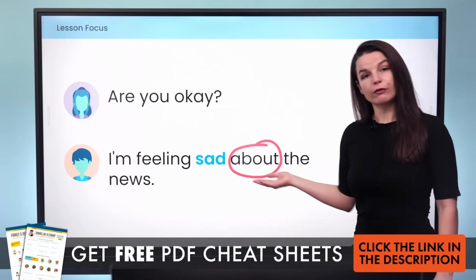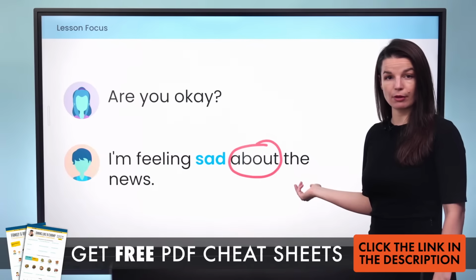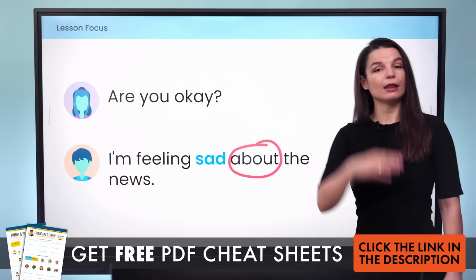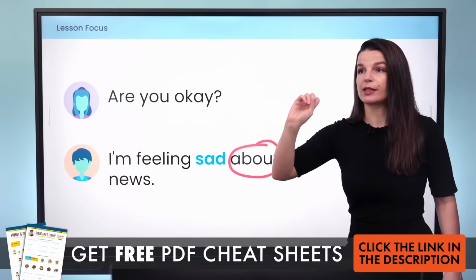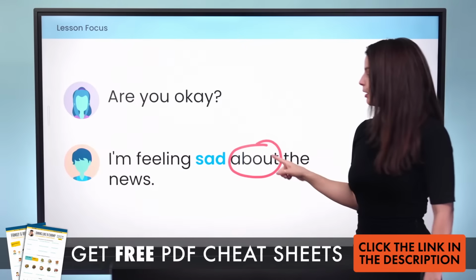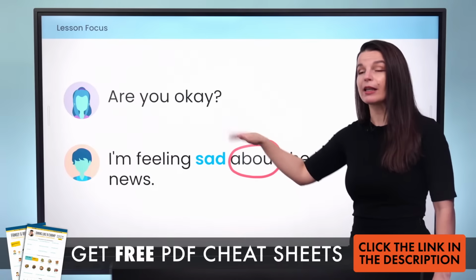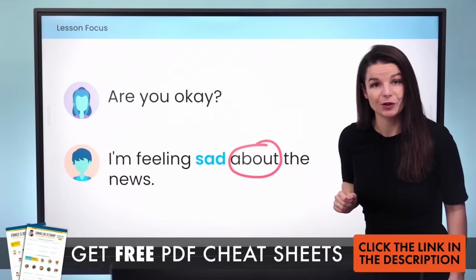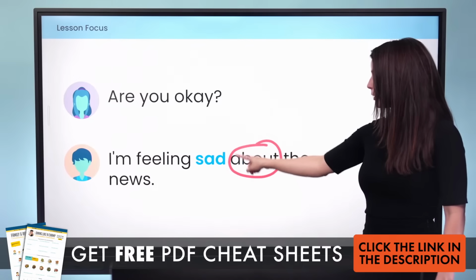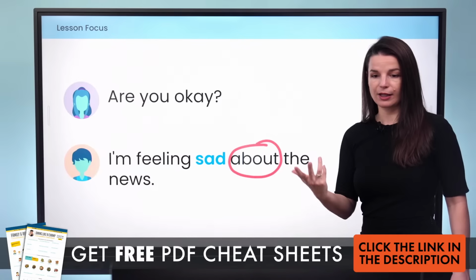So you can give the reason here. I'm feeling sad about something. So the news. Maybe in the news recently, there was some sad information. I'm feeling sad about the news, okay? So you can use this for any feeling, yeah? I'm feeling so happy about the news also is fine to say. But use about to introduce the reason for your feeling, okay?